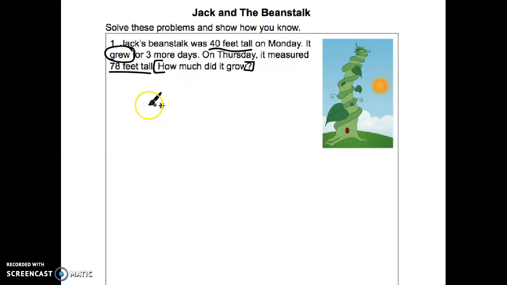So now we're going to take this information and make a tape diagram. A tape diagram is literally taking what is in the word problem and then making a diagram left to right just as we read it. Jack's beanstalk was 40 feet tall on Monday. Let's draw our tape here and label it 40 feet.